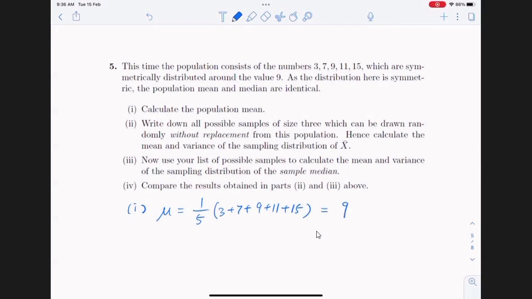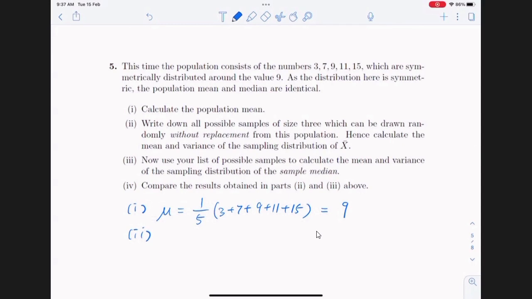When you have the complete list of numbers in the population, the mean of course is just the average of these numbers. So part 2 is the clumsy part. We are asked to write down all possible samples of size 3, which can be drawn randomly without replacement.